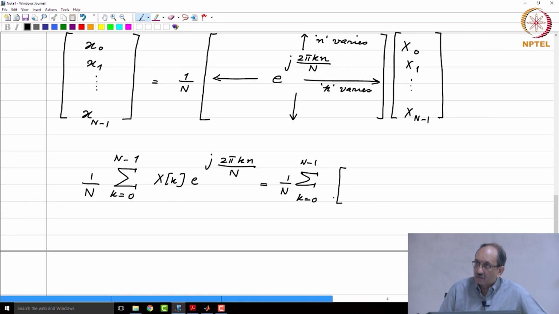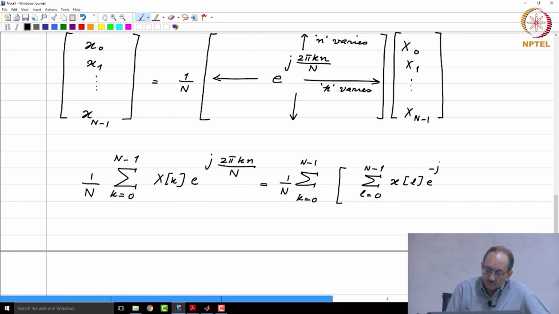Remember, we have to bring in little x into the equation because we are trying to show that this indeed gives you the original sequence that you started off with, and therefore you can replace cap X of k by its definition, and hence this is L going from 0 to n minus 1 x of L e to the minus j 2 pi k L by cap N, and you want to use the dummy index L here because n is already part of this.